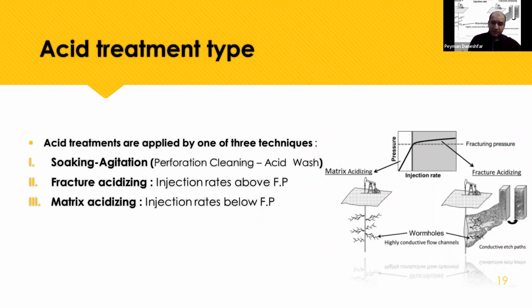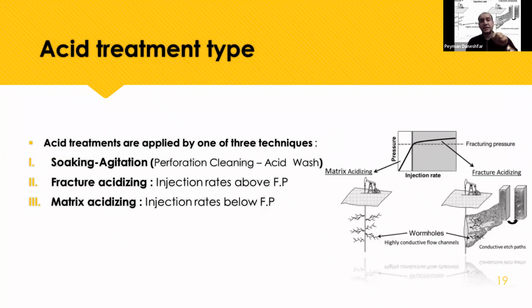You know, fracture pressure in acidizing is more important for us than other parameters, because if you exceed the fracture pressure, you do a fracture job. But if your pressure doesn't exceed the fracture pressure, you do a matrix job.